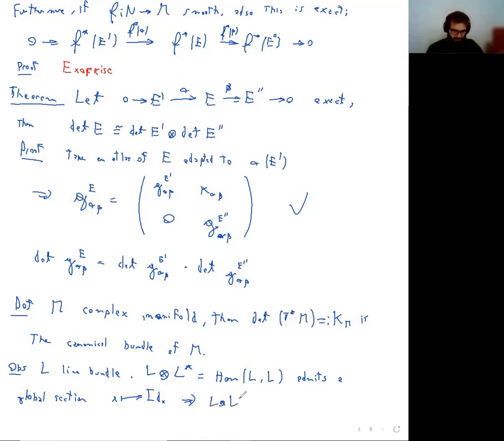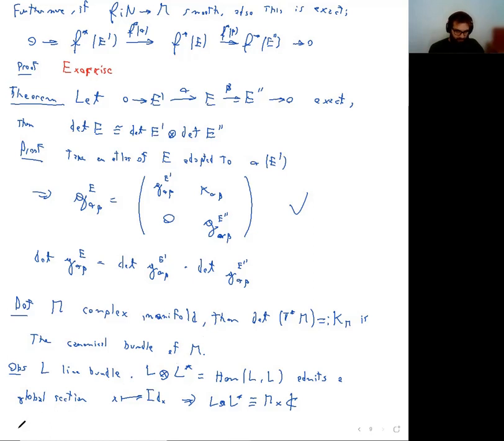So L times L star is equal to M times C. So you can think of this, taking the product as an operation, you're basically saying that L inverse is L star. Okay, if it makes sense.